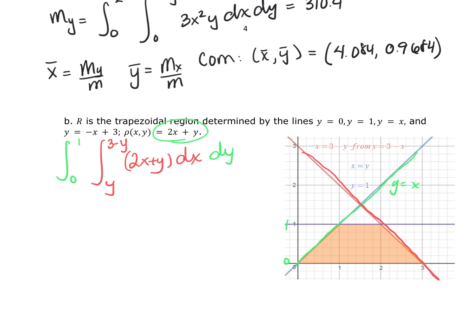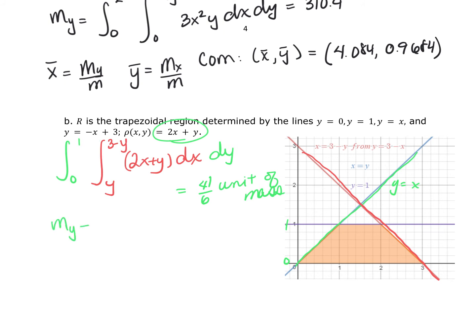Again, I'm not going to bore you with all the details because you all are probably like rock stars when it comes to doing the integration, and I get 41 over 6 units of mass, whatever they may be. We're just going to say they're units of mass. Now I have to find my m sub y and my m sub x.